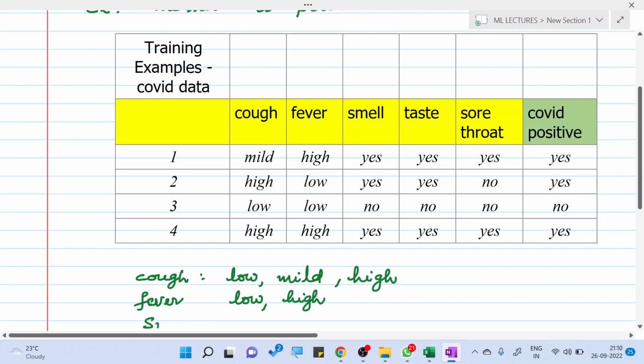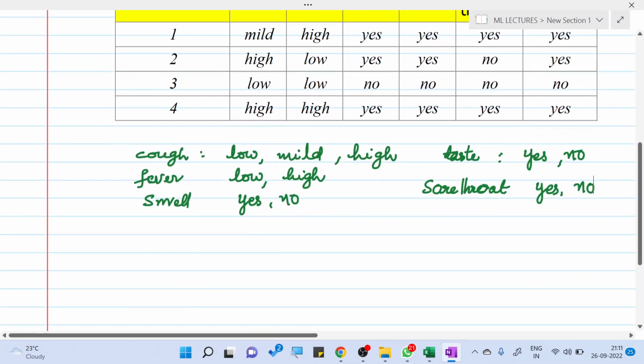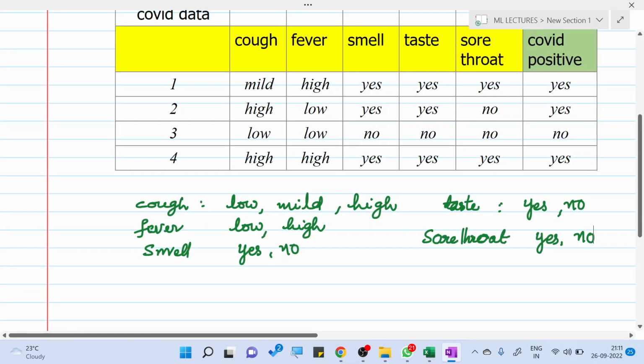Smell has 2 values, yes and no. Taste, again 2 values, yes or no. And sore throat, yes or no. So based on these 5 attributes, we have data on whether a person is COVID positive or not.